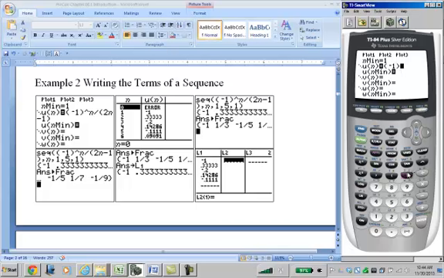Now it's raised to the power of n, so up arrow, n. Oh, raised to the power of n, sorry, divided by, open parenthesis, 2n minus 1. Okay, and let's make sure I got the function. So negative 1 to the n divided by 2n minus 1, comma n.